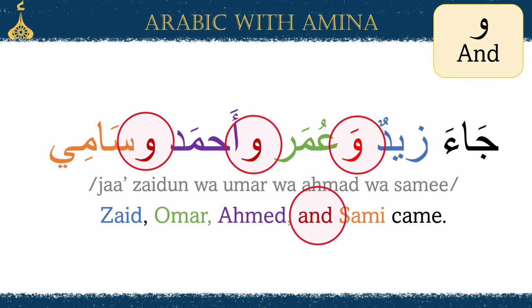For each connecting phrase, we will have to repeat the letter wow, whereas in English, we simply put commas in between and then have one word before the last connecting noun or phrase. Noteworthy, the letter wow, which means and, does not have a sequence to it. That means, in this example, we don't know who came first, but we do know that they all did come.